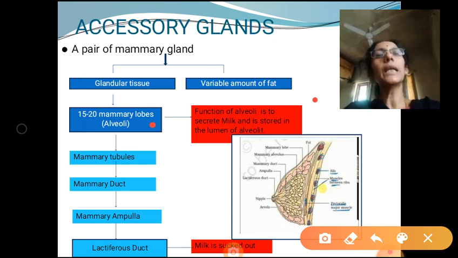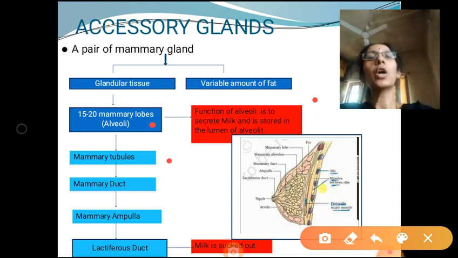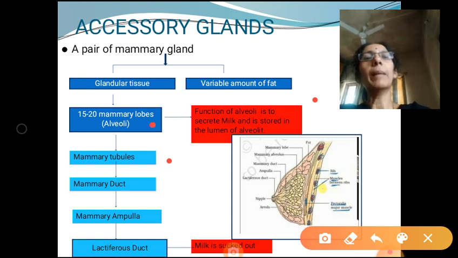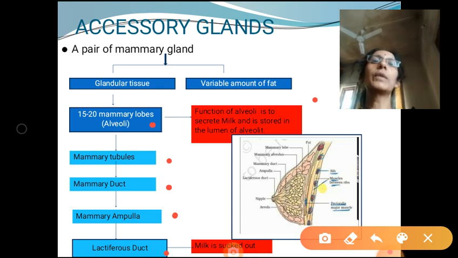And from each lobe, mammary tubules arise. These tubules join to form the mammary duct. Mammary ducts form the mammary ampulla. Finally, it forms the lactiferous duct.